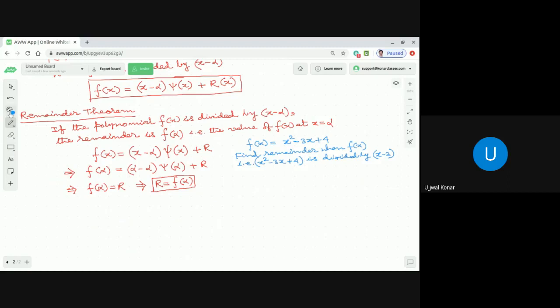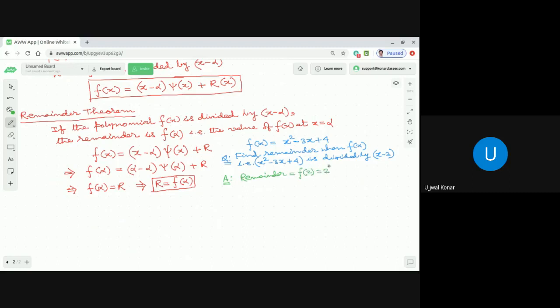So what will be the answer to this question? The quick answer should be the remainder is nothing but f(2).